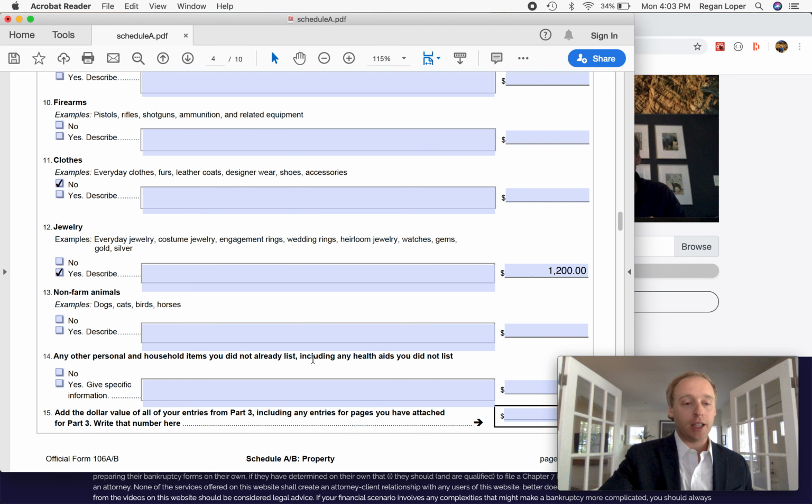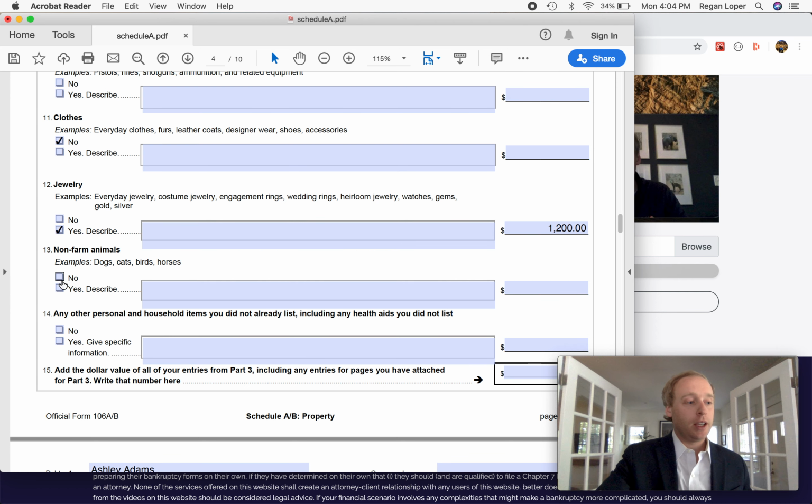Seems a little strange that the court would be asking for that, but in Ashley's case, she put no. Okay. Any other personal or household items that you did not already list, including any health aids that you did not list? In Ashley's case, she put no.